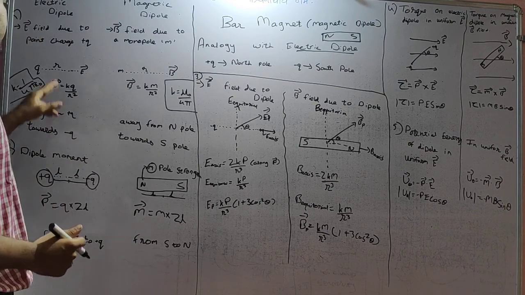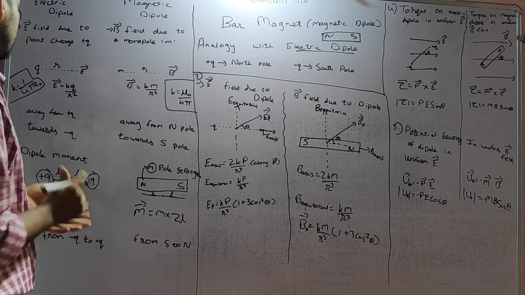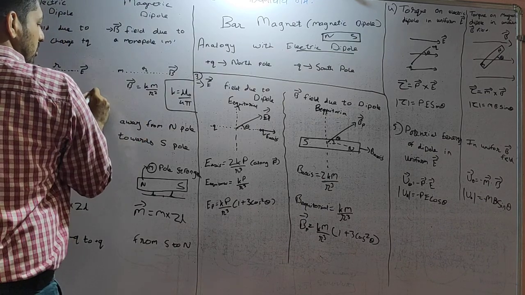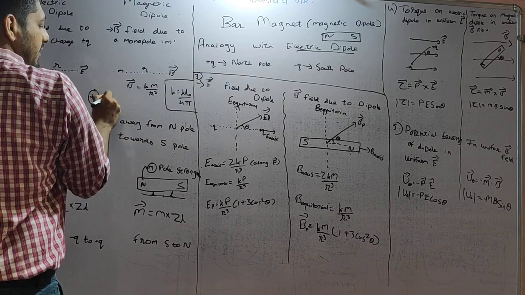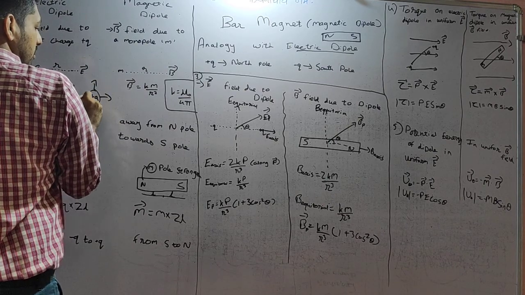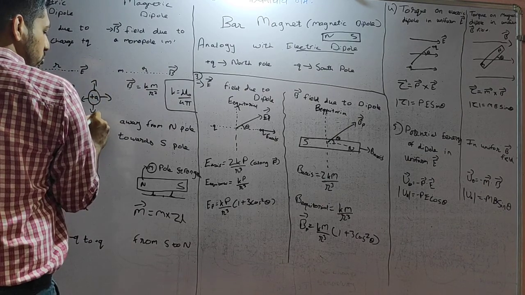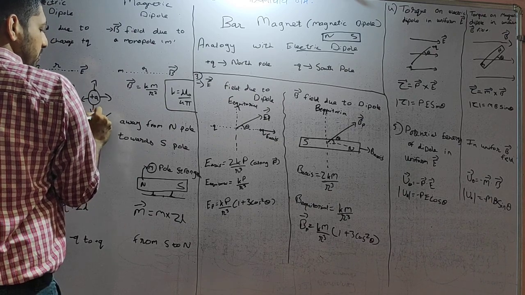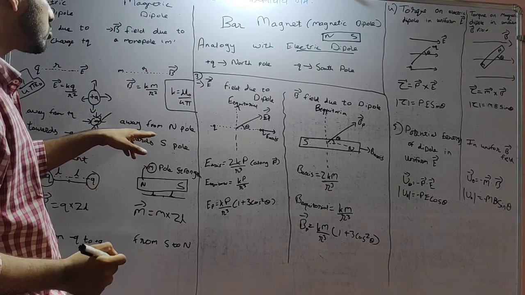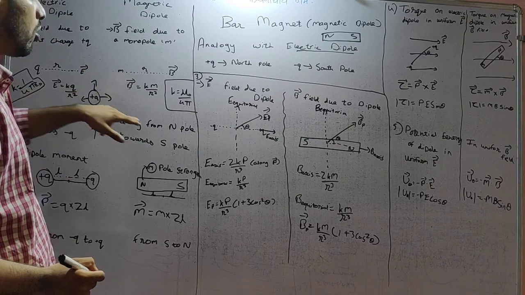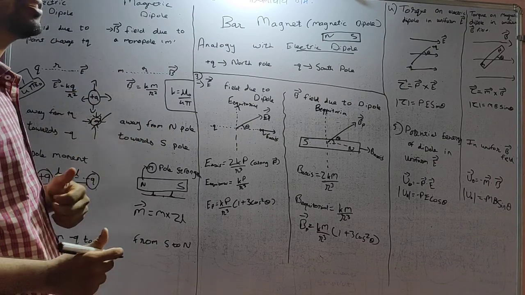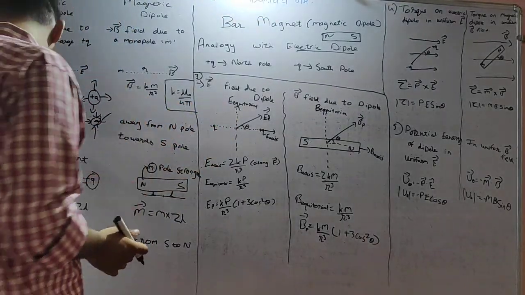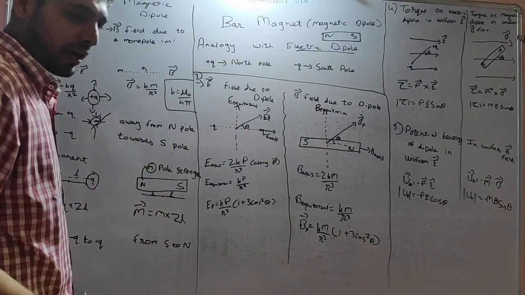In the electric field, what was the direction? The direction of the electric field was away from a positive Q charge. And if it was a negative Q charge, the direction was towards it. Similarly, in the magnetic field, from the north pole the direction is away from the north pole, and for the south pole it is towards the south pole.